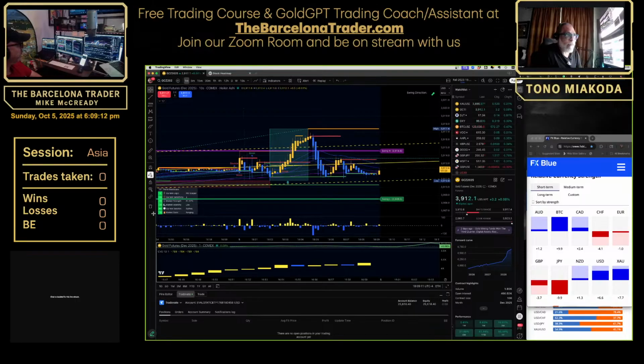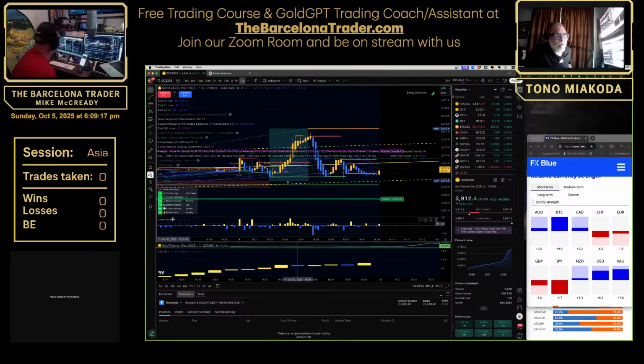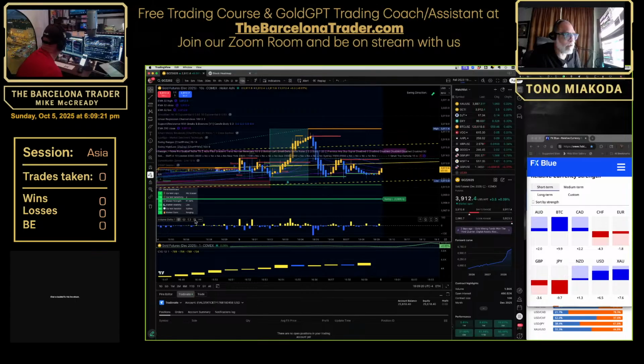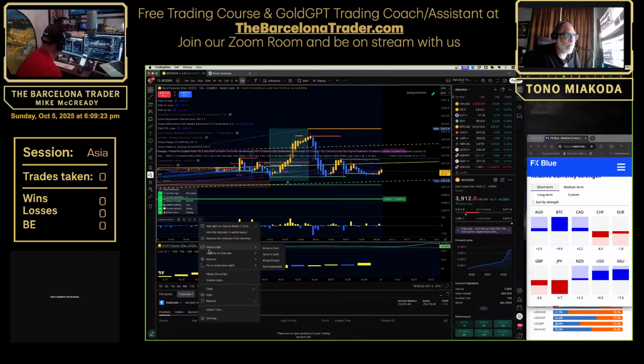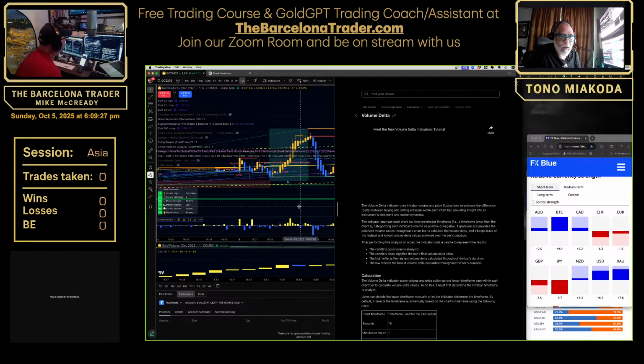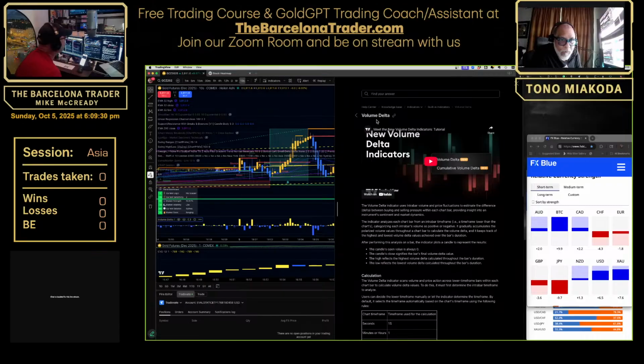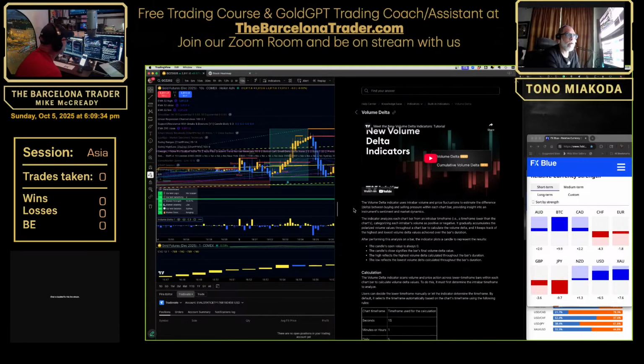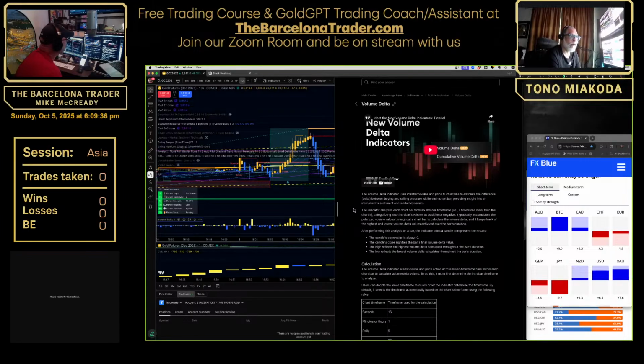It's just called volume delta, I think. Is it Lux Algo? No, not the script. Just straight volume delta. I think it's part of TradingView. Okay, so it's the first one.